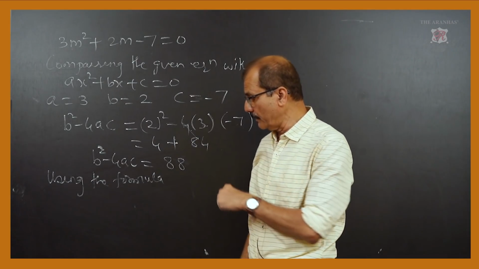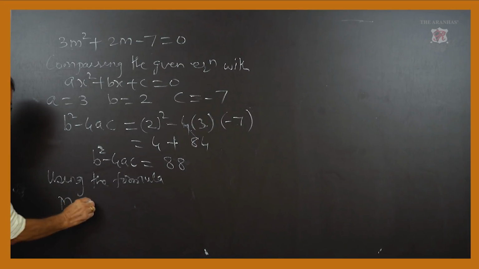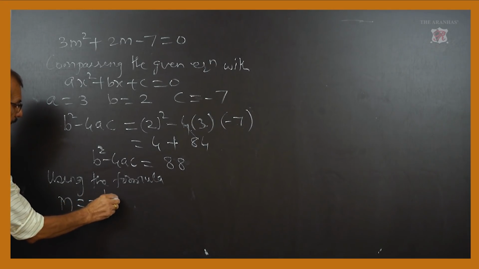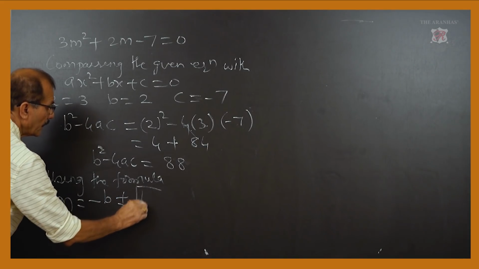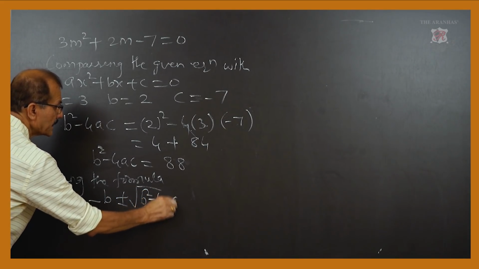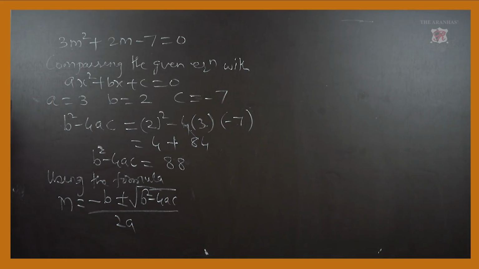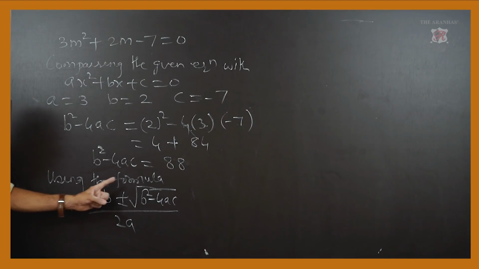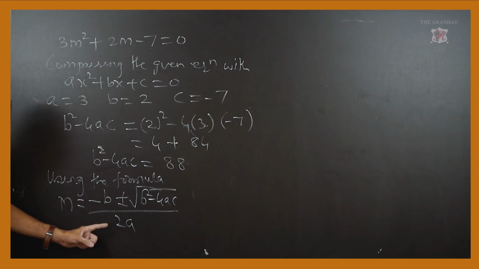So, using the formula, you get m is equal to minus b plus minus root of b square minus 4ac upon 2a. This is the formula to find the roots.